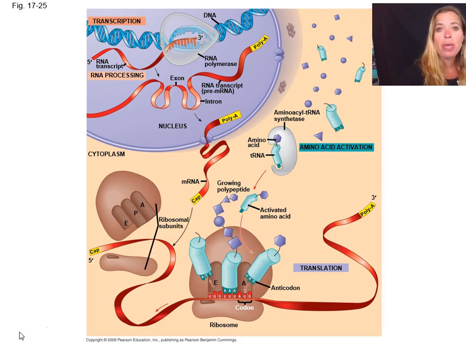The new mRNA molecule is sent from the nucleus into the cytoplasm, where it's attached to a ribosome. The ribosome reads the codons 3 letters at a time and matches it to an anticodon on the tRNA, bringing in the proper ingredients.